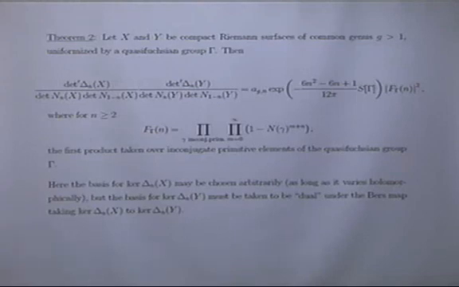Maybe I can try to answer that better later. But I would be very interested to know what would happen for other Kleinian groups. But it wouldn't be a direct extension of the method we use.